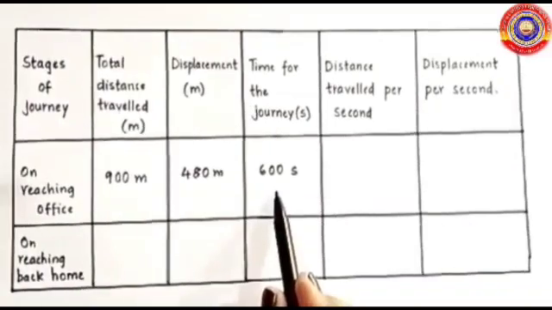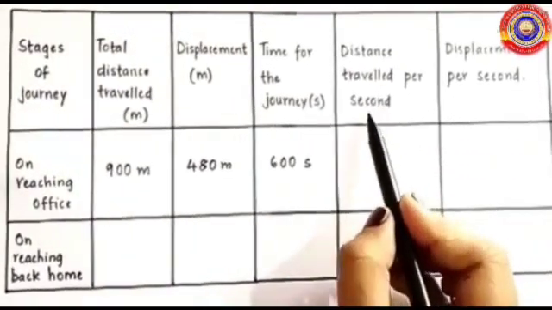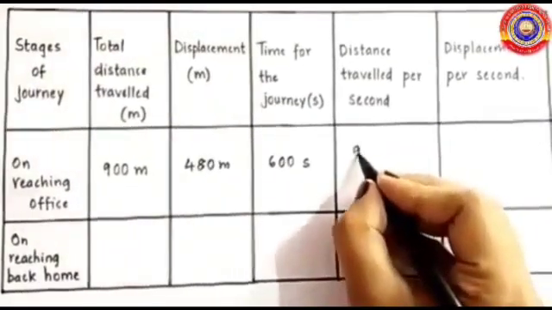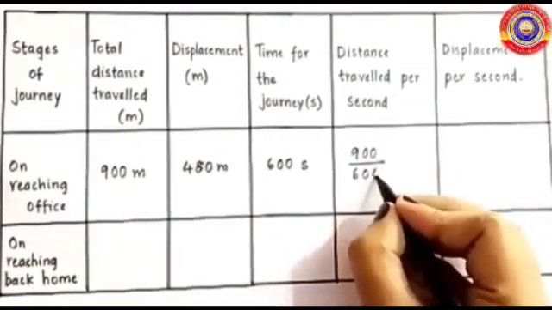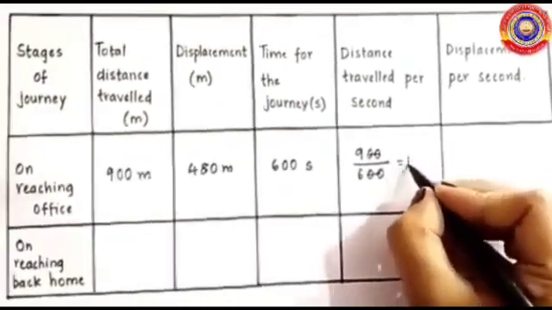Then the distance travelled per second, that is the distance travelled in 1 second, is 900 divided by 600. We got 1.5.